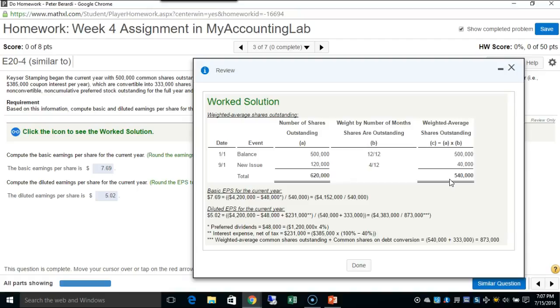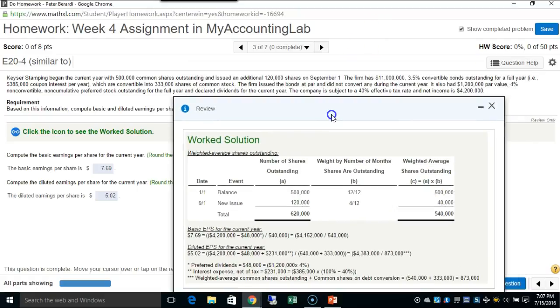540,000 shares. As far as the numerator is concerned, our earnings per share is going to be the net income of $4,200,000, which is given to you in the problem, minus the preferred dividend required, which is going to be the $1,200,000 par value times 4%, which is $48,000.